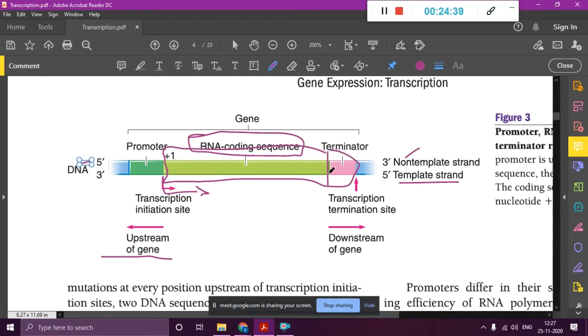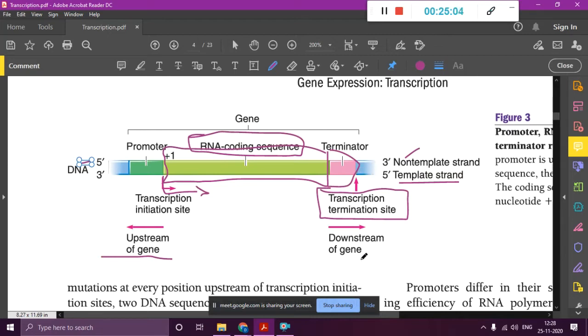So this is where the gene ends, and apart from the gene there is a little bit of a sequence, and this is known as the transcription termination site. So a particular sequence or particular factor comes where it understands, okay, this is the place where I have to stop transcription. So transcription stops right over here. This is how it goes.